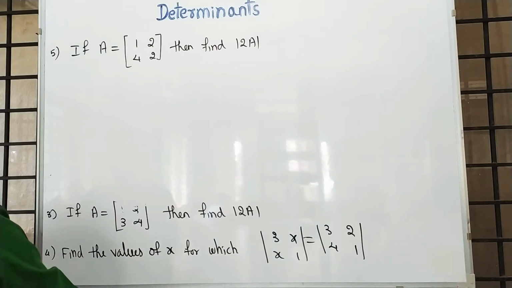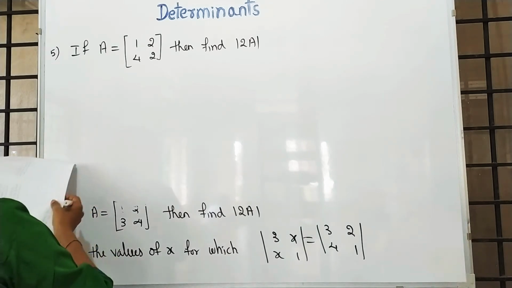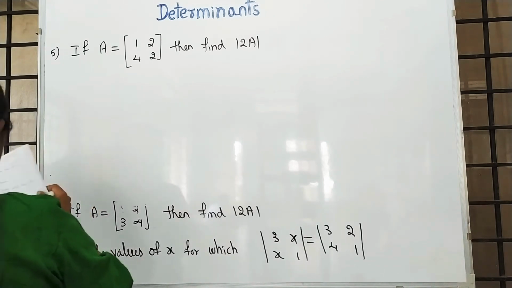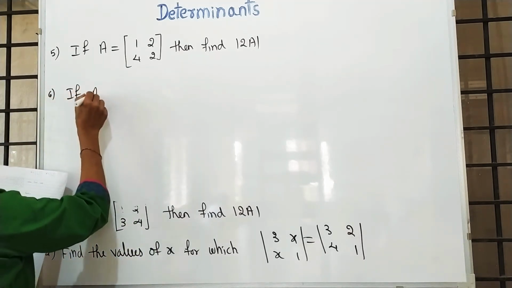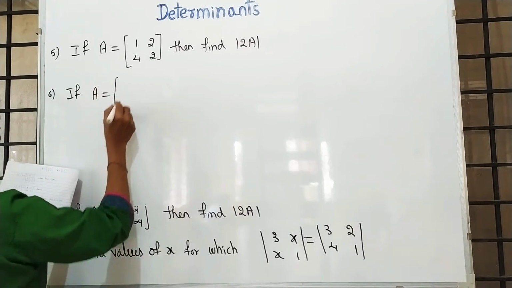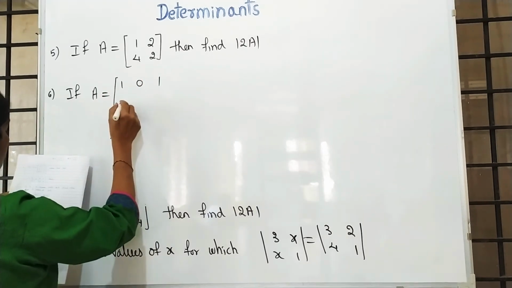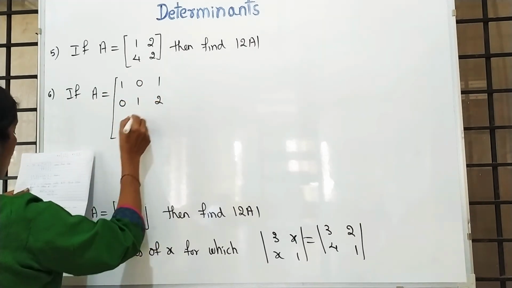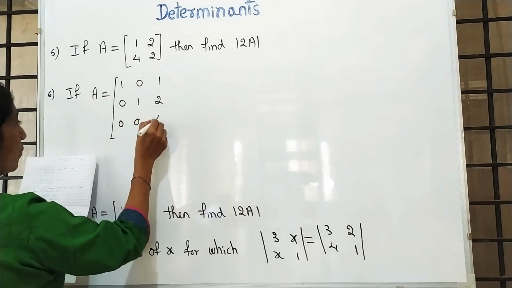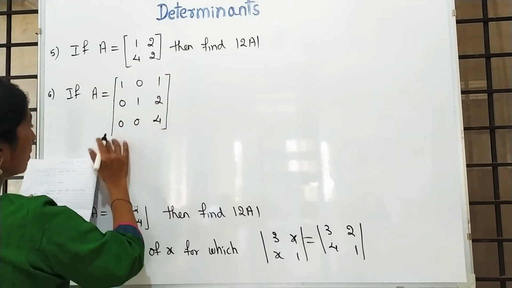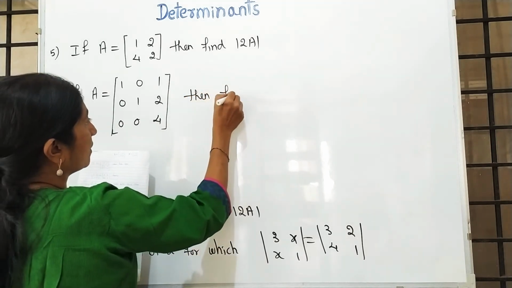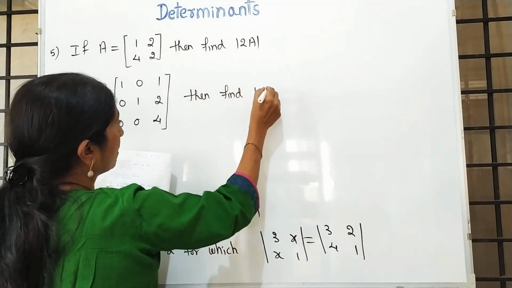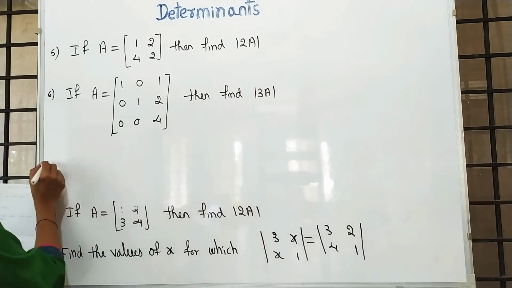That's why I am telling, if you practice these questions you will get full marks. Next, sixth one. If A is equal to 1 0 1, 0 1 2, 0 0 4, then find determinant of 3A.